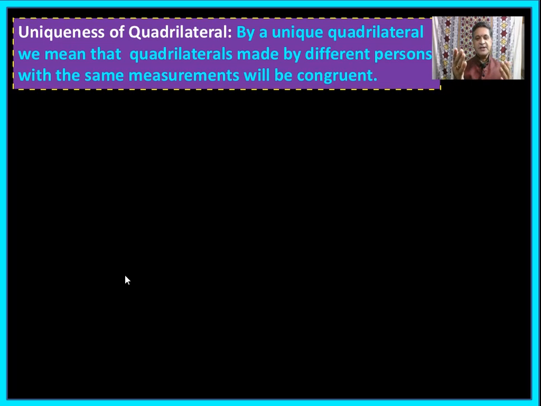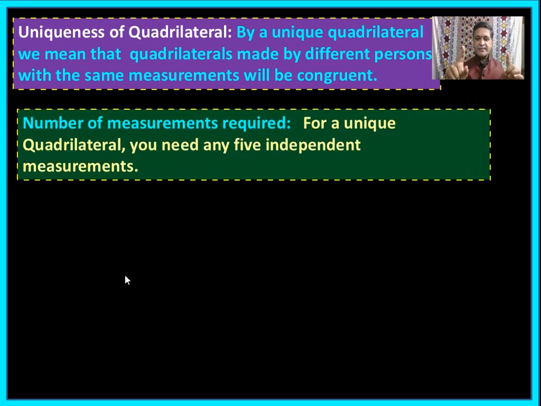In the previous slide we saw that Kamal and Joseph both drew two diagrams. Both measurements are equal but the shapes are different. Those two are not congruent. Congruent means the measurements, length and breadth and whatever it may be, and also the shapes are equal. That is called congruent figures.